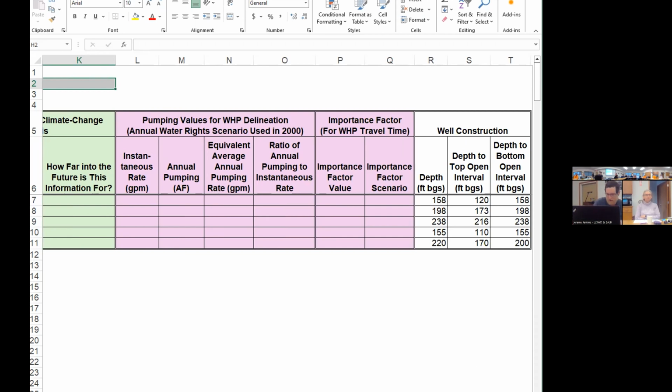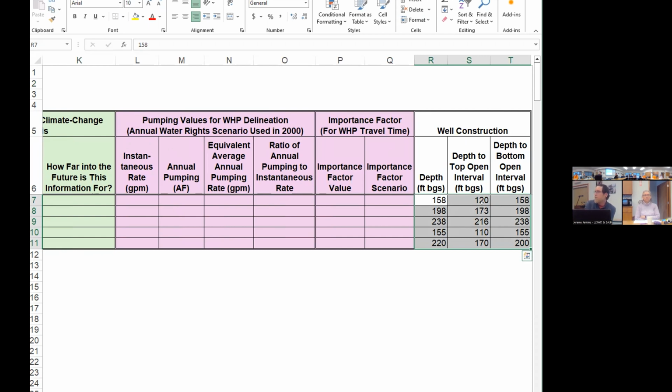Not a question, John. I have a comment, just because I'm going to have to change some numbers, like these well construction or original numbers for where the pump is set. If you had your wells pulled and a new pump put in, those open interval, top open, bottom open elevations might have changed from when the well was originally set.